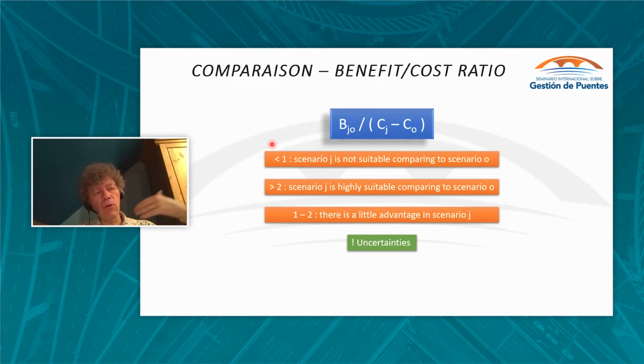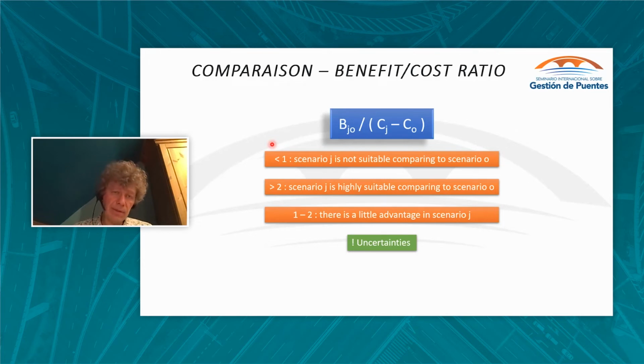We have more traffic impact compared to the scenario O. So we reject the scenario G. If this ratio is higher than 2, then, well, the scenario G is highly suitable, and we propose to keep it and to throw away the scenario O.